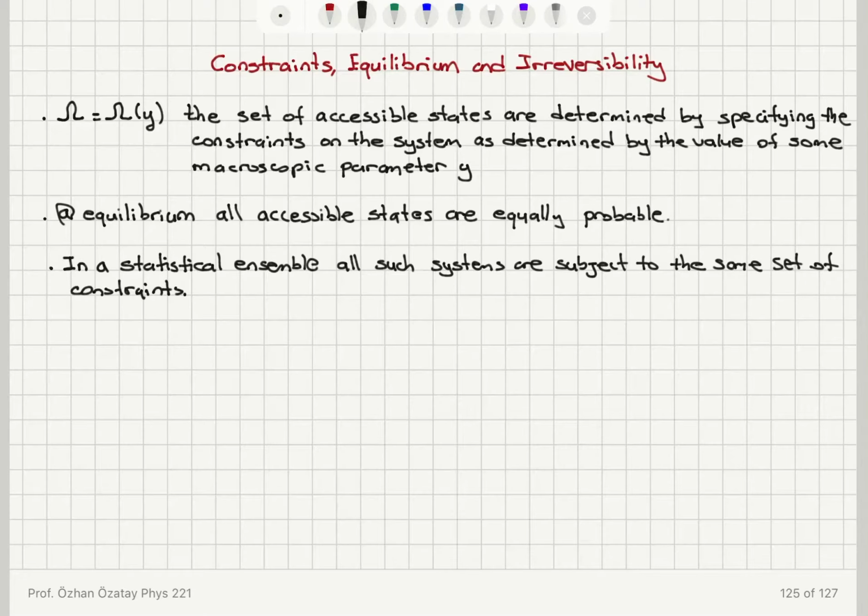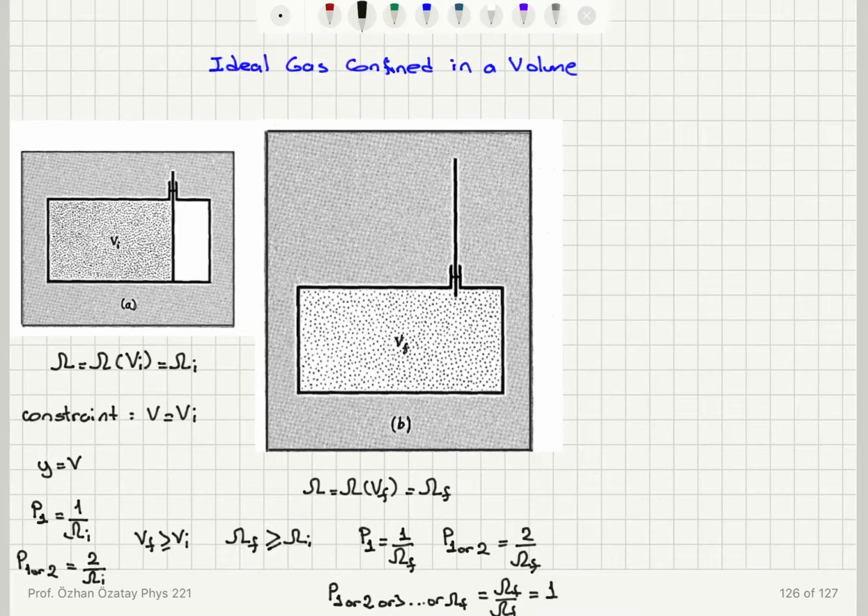So remember our definition of probability. The probability of having an outcome R was defined as the number of systems in the ensemble that display outcome R divided by the total number of systems in the ensemble, as the number of systems in the ensemble goes to infinity.